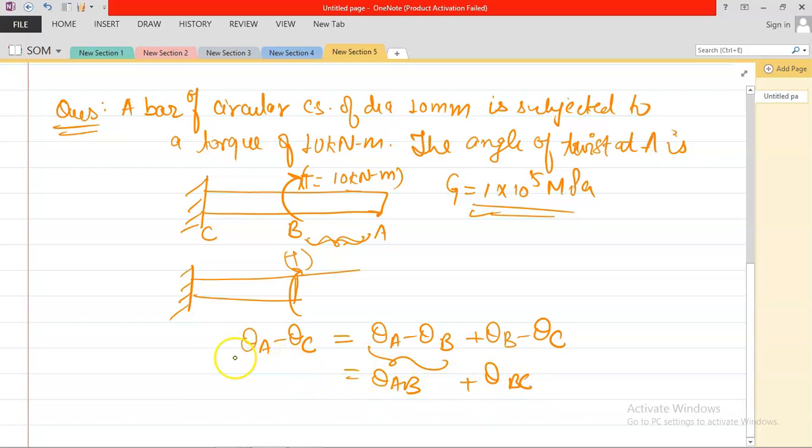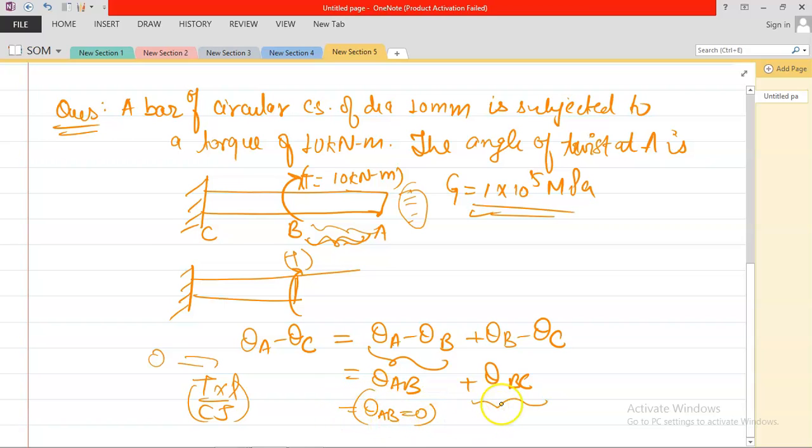Theta AB can be calculated as T into L by GJ. But here there is no support, so that resisting couple will not act, and also there is no torque at the end. So that means there is no torque in between B to A. Now that means theta AB is 0.